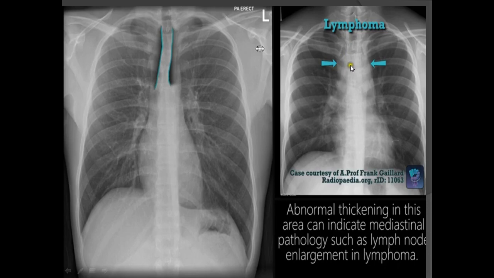If you measure the distance from this aspect of the trachea up to that part, it is increased. There is some lobulated soft tissue density over here, and also on the left side. This is consistent with lymphadenopathy. The differential would include lymphoma, or maybe some malignancy or metastatic deposits, or maybe some infections.